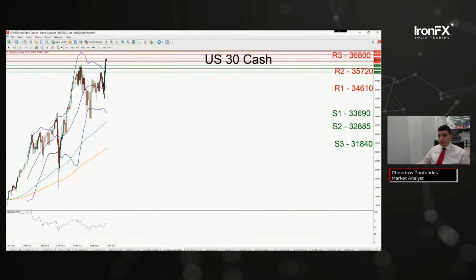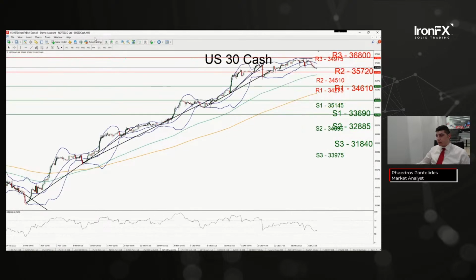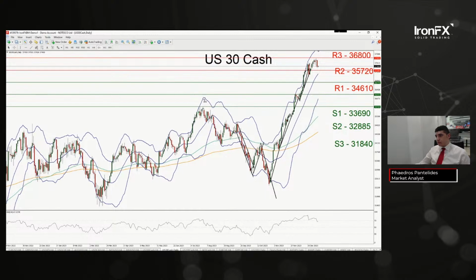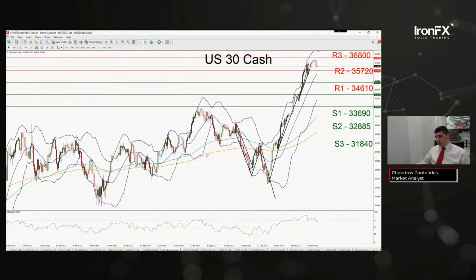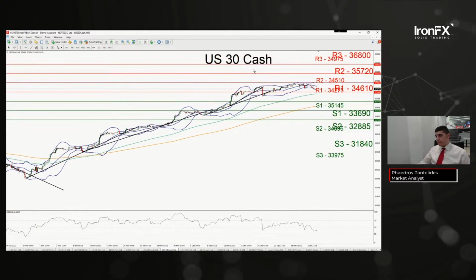Dow Jones 30. If we move on to the 4-hour. On the daily as well, it was perhaps overbought and is now correcting lower. For our time frame, confusion with the text labels.